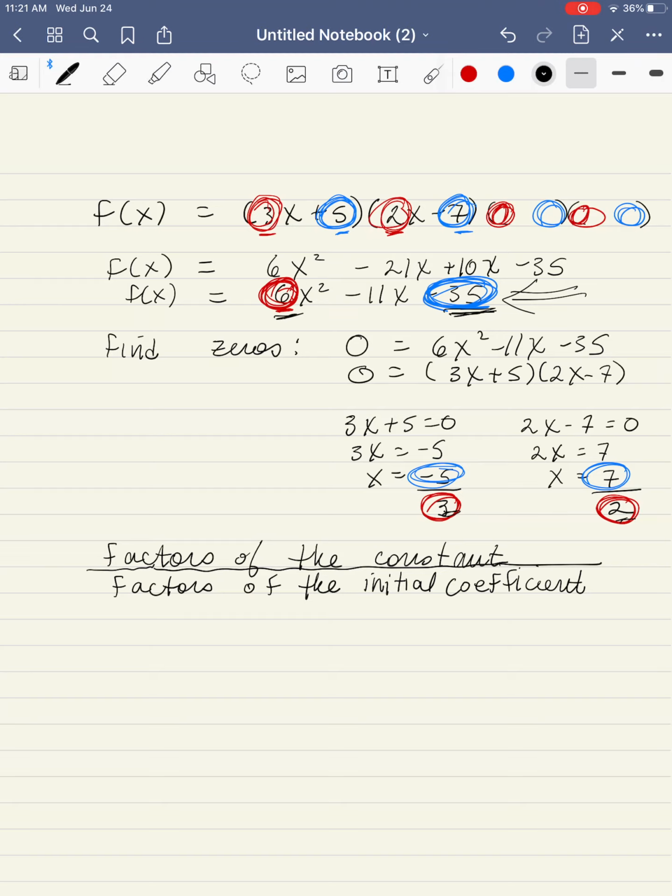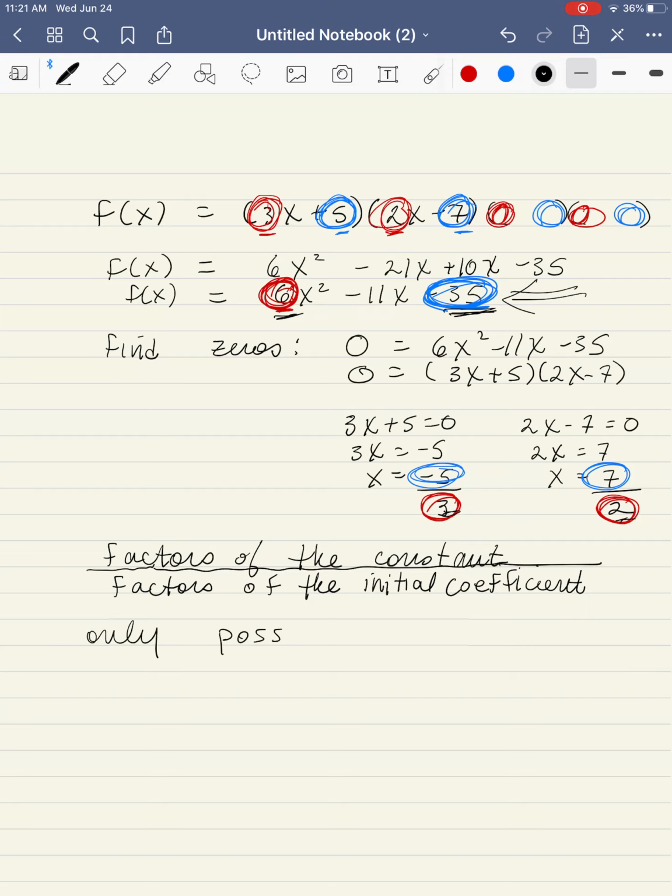If we're given a polynomial, then we know that the only way we could end up with a 6 here and a 35 here is if we had rational coefficients.